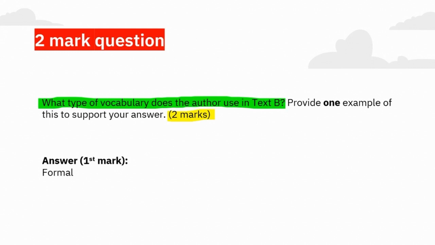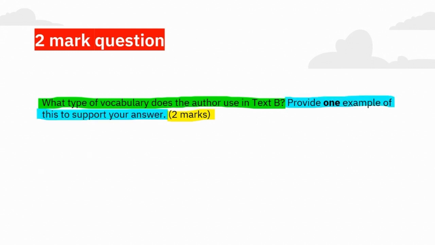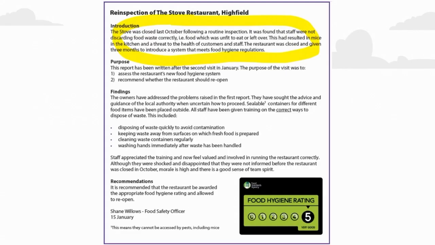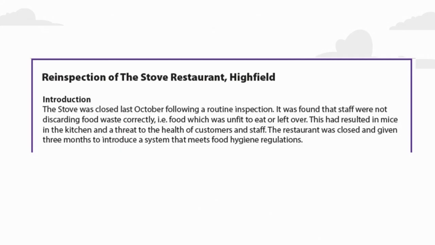Now let's look at the second part of the question. In order to earn our 2nd mark, we need to look for an example of formal vocabulary. If we zoom into the first paragraph, which is here, let's pick out a few sentences. The stove was closed last October following a routine inspection.